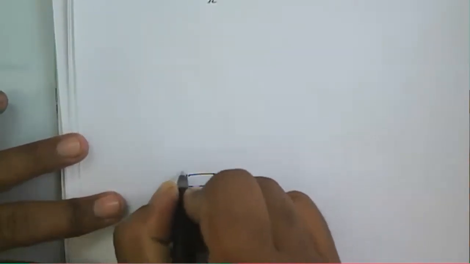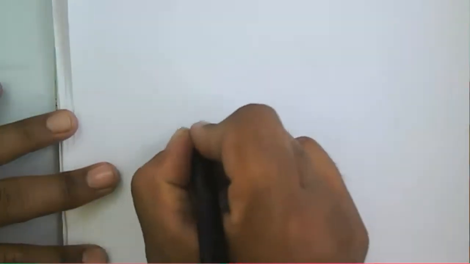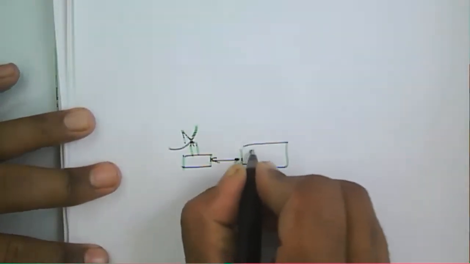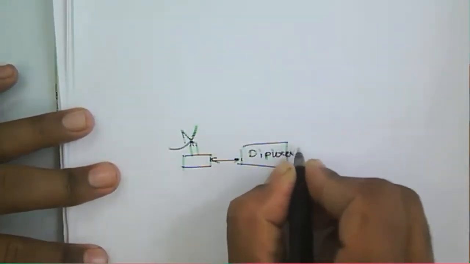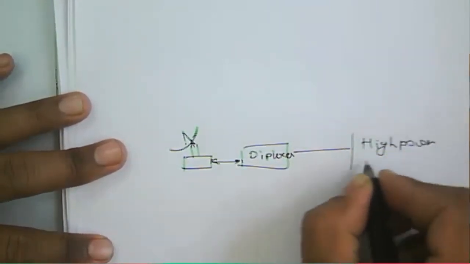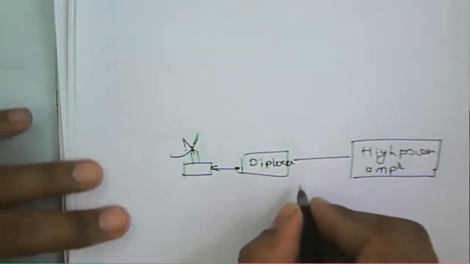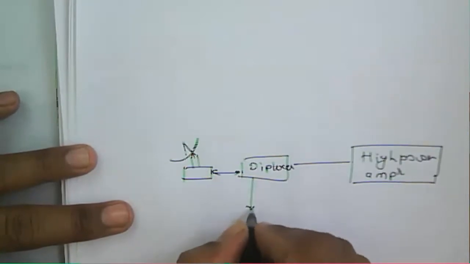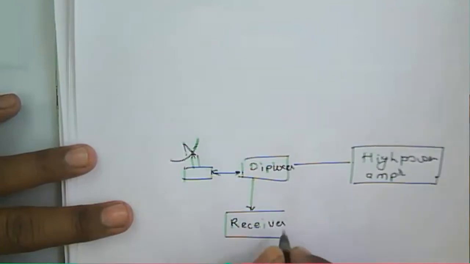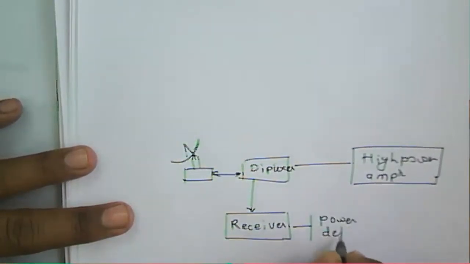We have the earth station, and we will use the duplexer. We have the high power amplifier. Then this one is the receiver. Then we have a power detector.